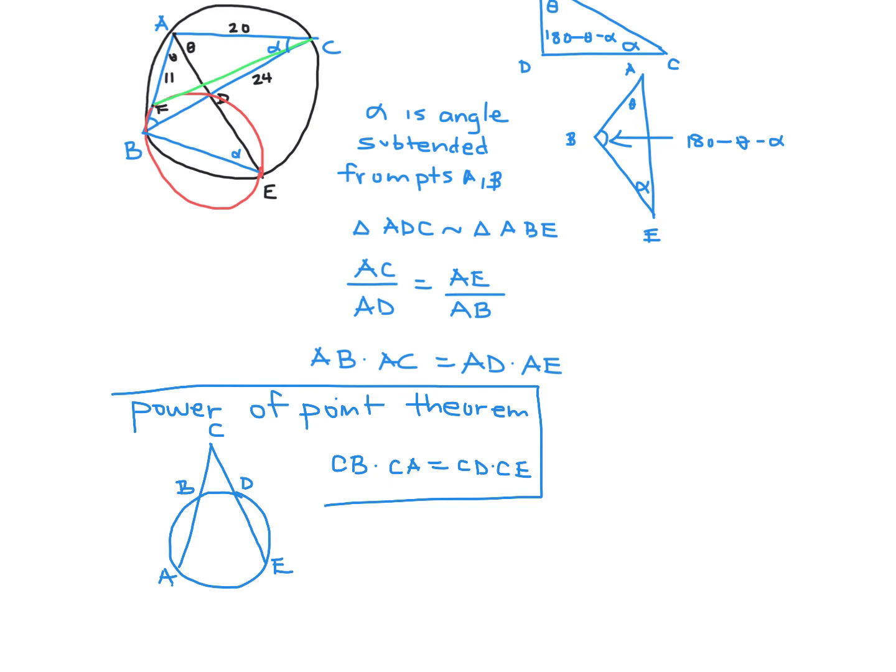On our diagram, when you apply the power of a point theorem, you will get that AB times AF is equal to AD times AE.